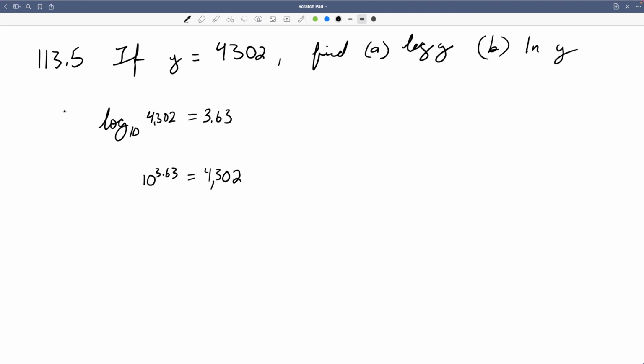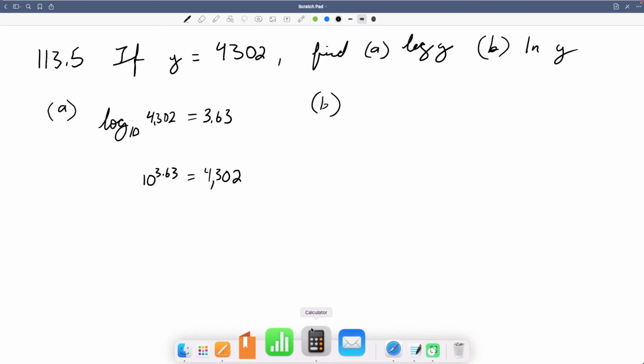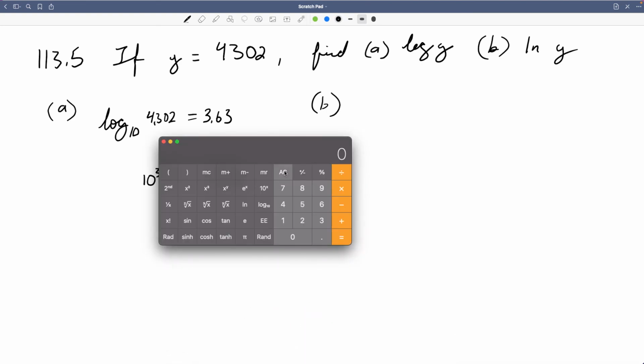And now, this was A. Now we're going to find B, which is the inverse log of y. So we're going to clear our calculator. We're going to type in our number again, 4302. And we're just going to type the inverse log, which is here. I'm sorry, I hit the wrong one. We hit the LN button, not the inverse log.